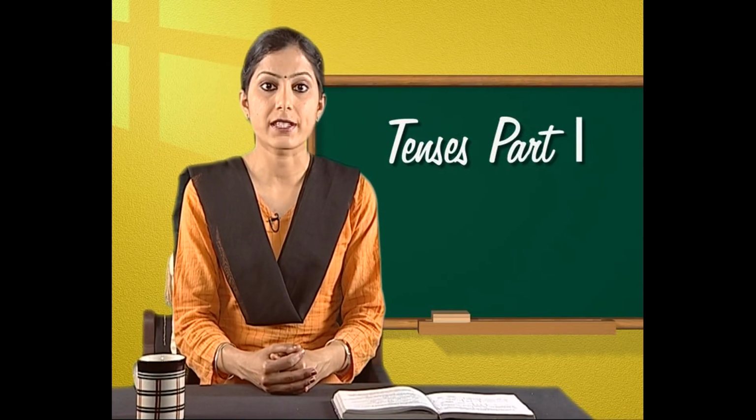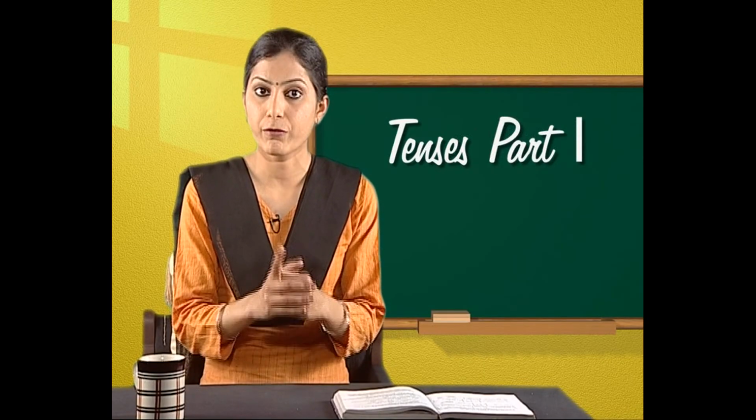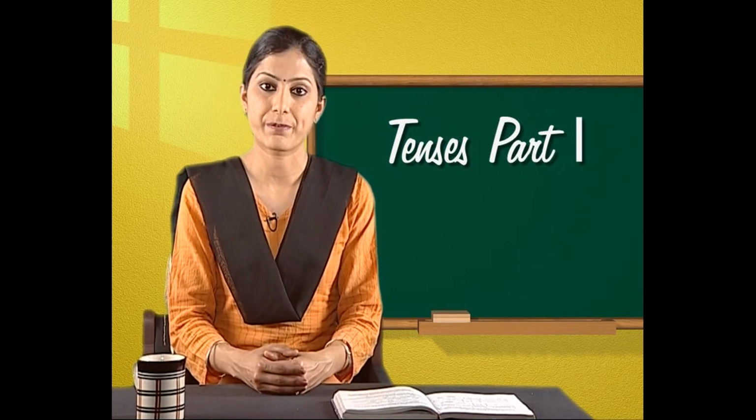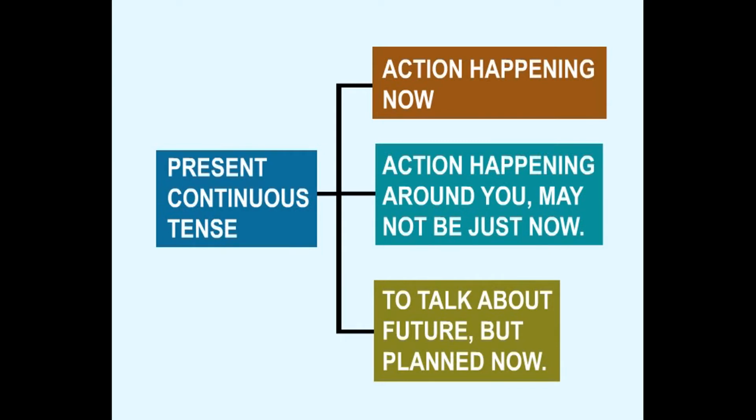Let us summarize diagrammatically before we try the present continuous tense quiz. Present continuous tense: action happening now. Action happening around you may not be just now. To talk about future, but planned now.